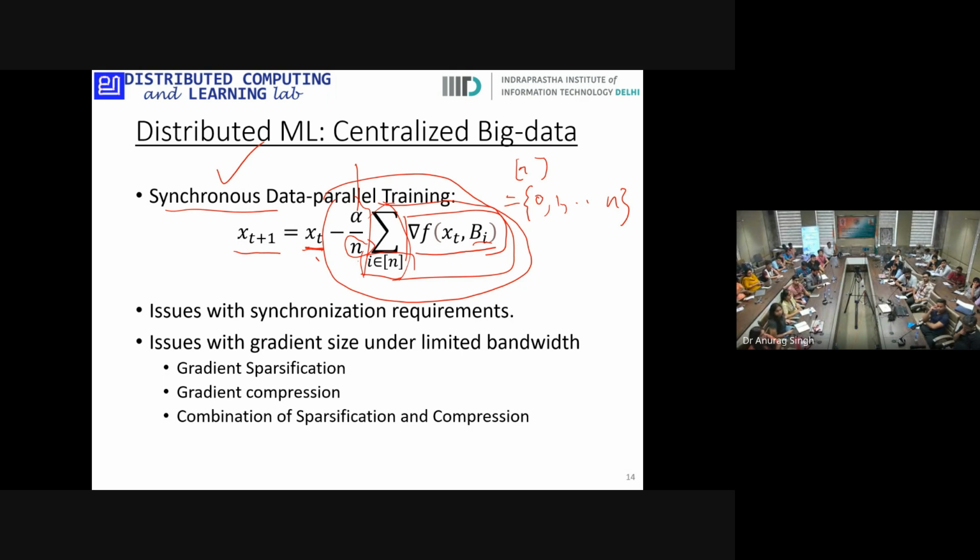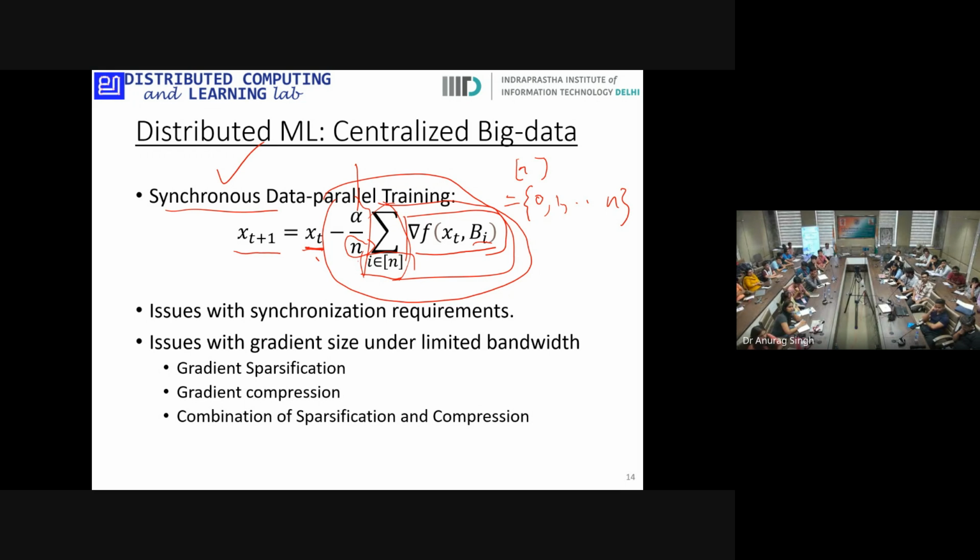Look, initially we started with the model state x subscript 0. Fine, everyone? x subscript 0 is known to all the cores, all the processors, all the nodes in a distributed setting. Now, with that state x0, core i will have its data set b subscript i.